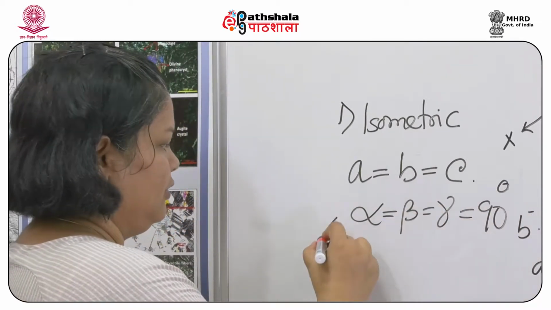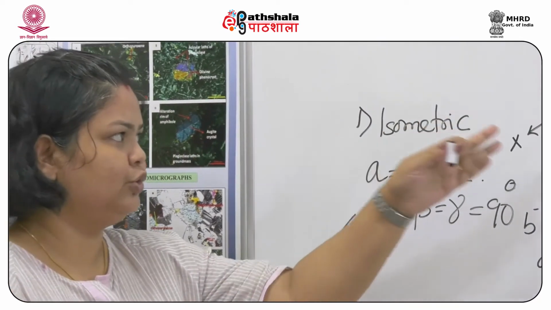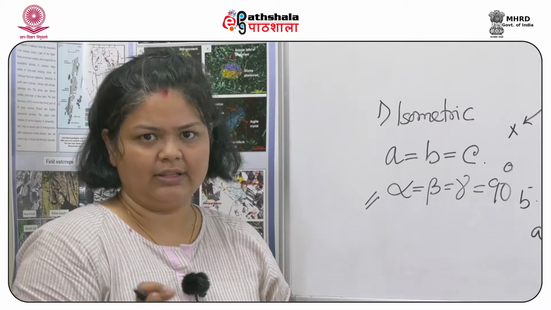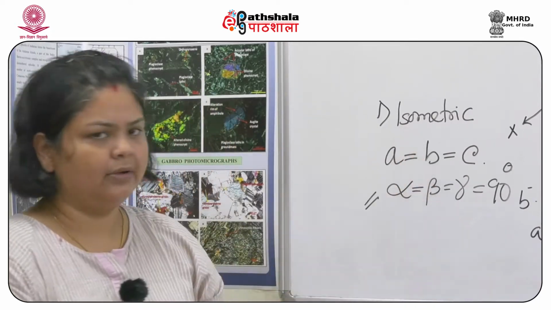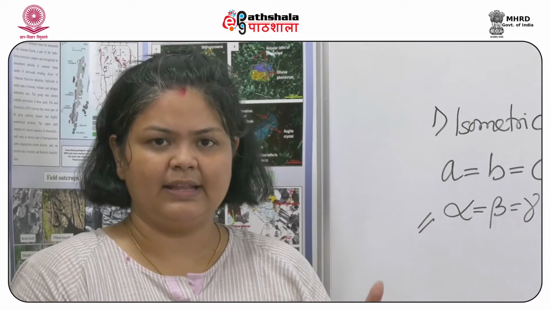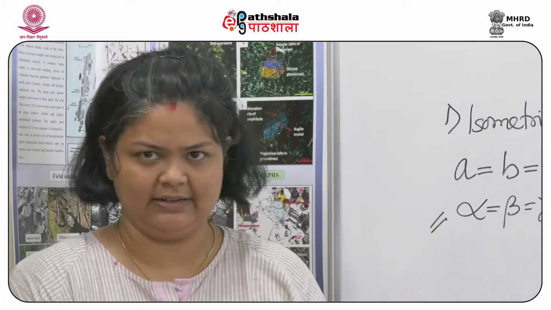So this is one set of crystallographic parameters which can be used to define the geometric shape of a crystal occurring in various crystal systems. Likewise, we have the tetragonal system wherein A equals B and is not equal to C, and alpha, beta, gamma are 90 degrees.